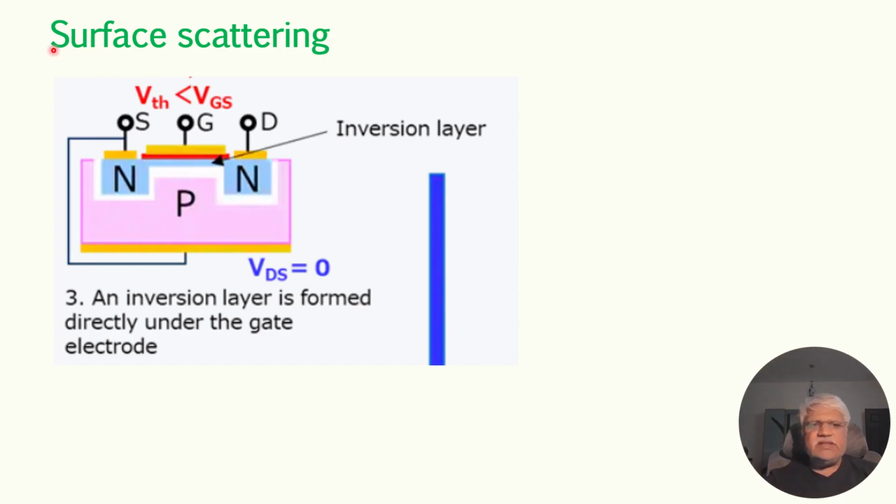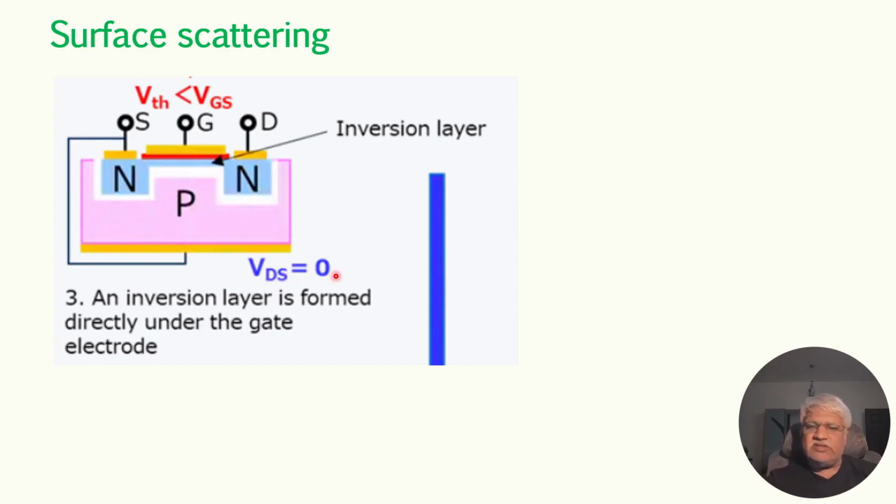Let us understand the surface scattering phenomenon, which is one of the short channel effects. Here this is the long channel NMOS device: source, gate, drain and the body. Assume VGS is greater than the threshold voltage, so an inversion layer has been formed, and assume there is a small voltage here.